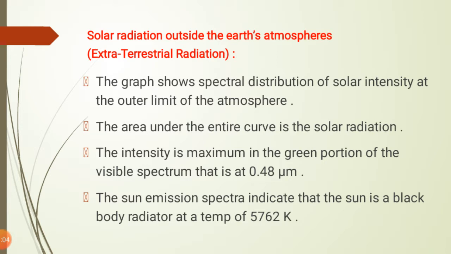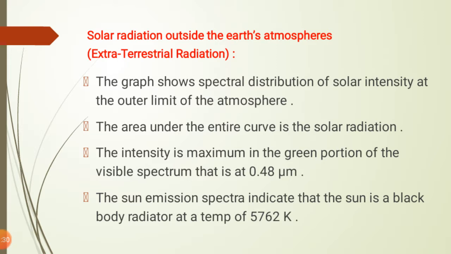We know the earth revolves around the sun and also about its own axis. There is an atmosphere outside the earth, and the radiation from outside that atmosphere is known as the extraterrestrial radiation.